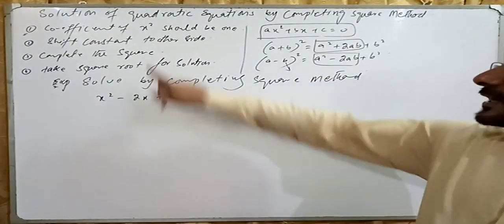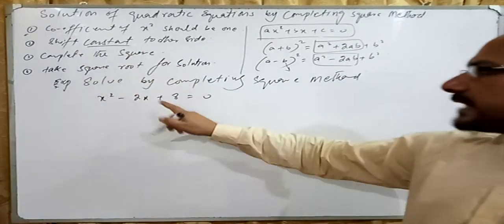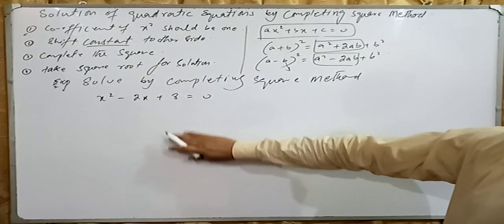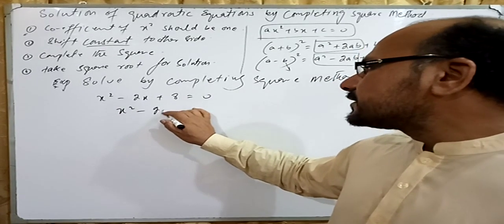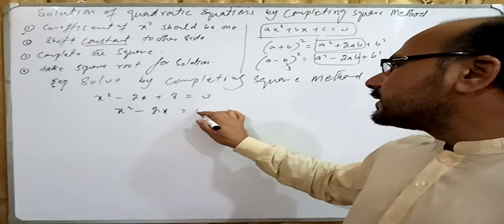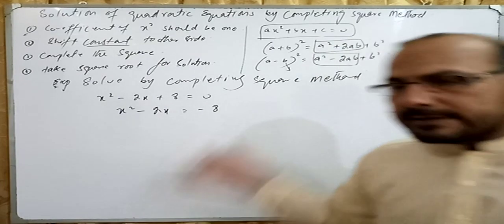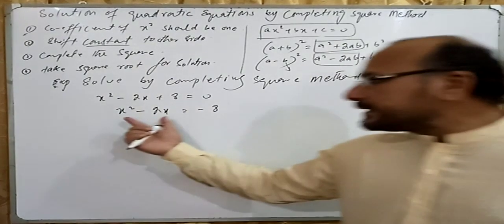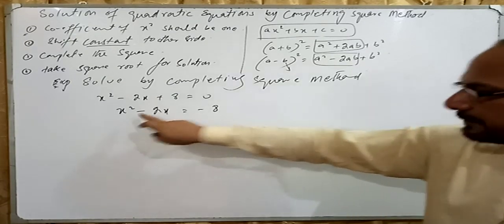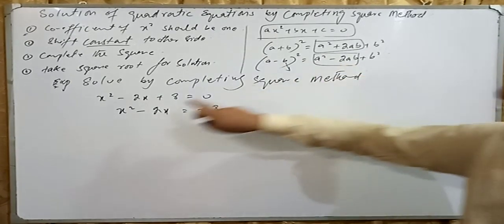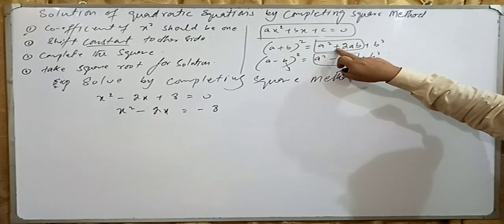The second step, shift the constant to the other side. This is the constant value. So x square minus 2x equal to minus 8. Then compare these two terms with these two terms. If we have a minus symbol, we will apply this formula. If we have a plus symbol, we will apply this formula.